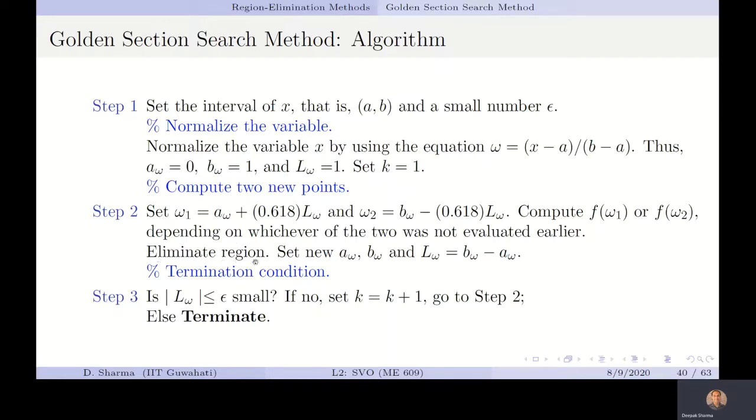The same rules will be used here, so we eliminate the region. We set new A omega, B omega, and L omega will become B omega minus A omega. So these are the new values. Then we look for the termination condition. If L omega is smaller than epsilon, we stop. Otherwise, we increase the counter by 1 and go to step 2 again, generating the two new points, omega 1 and omega 2.